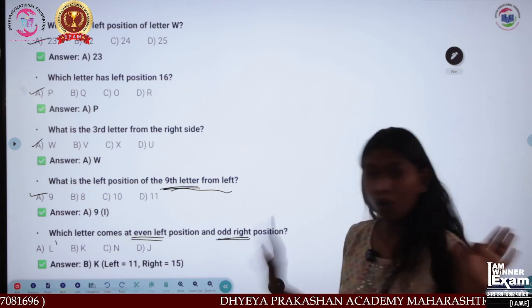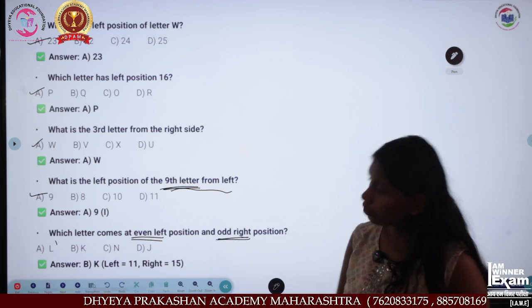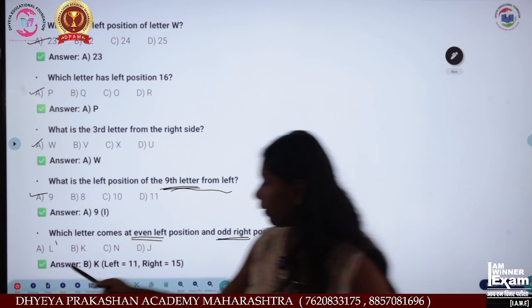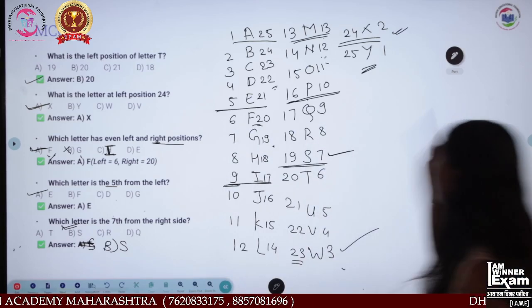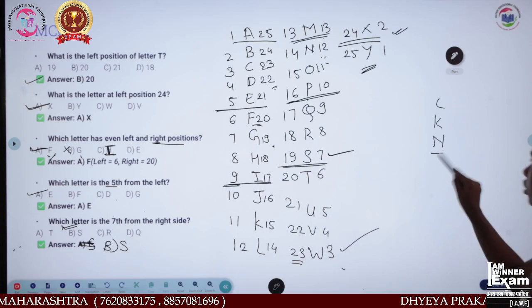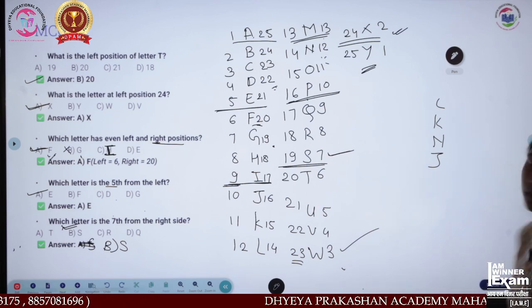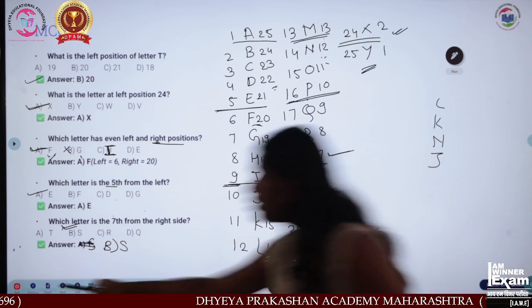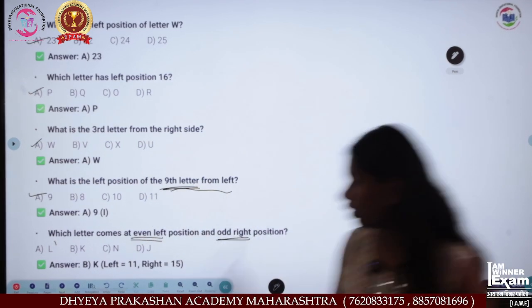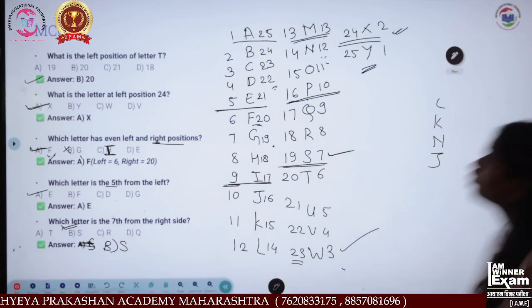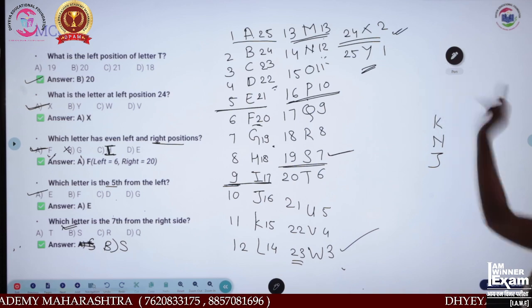The options given are L, K, N and J. So now we have to find a letter which has an even number at the left and an odd number at the right. The first option is L.